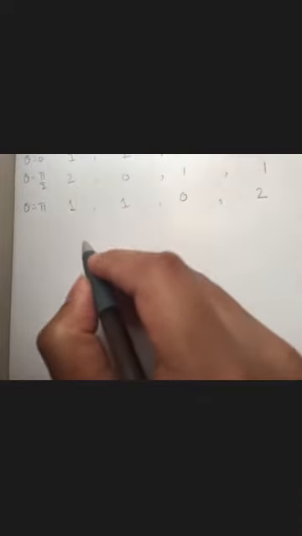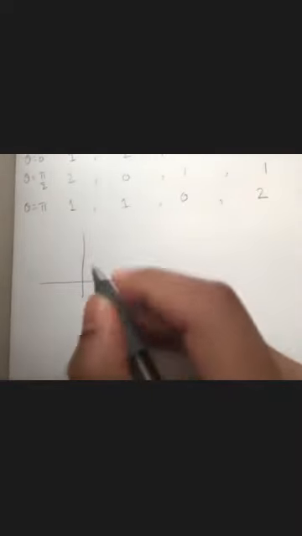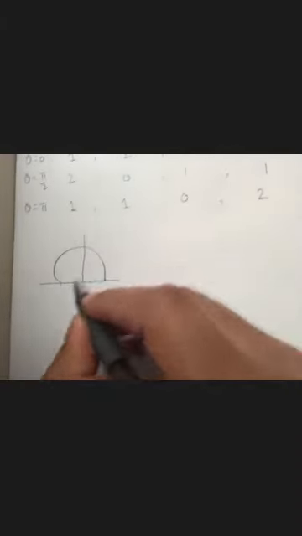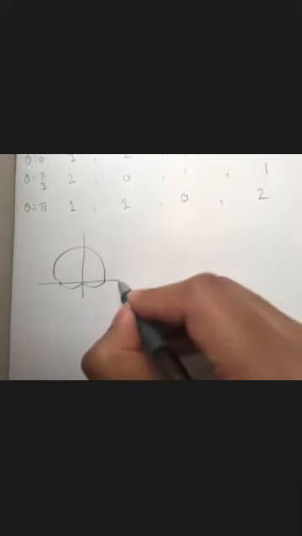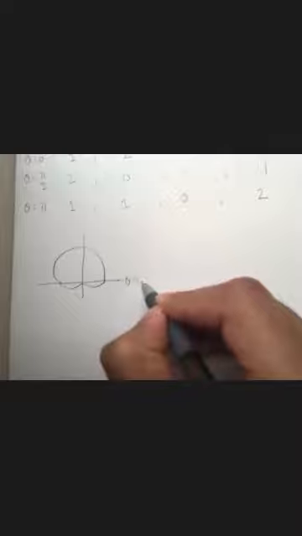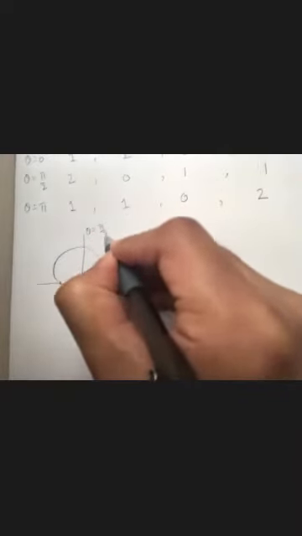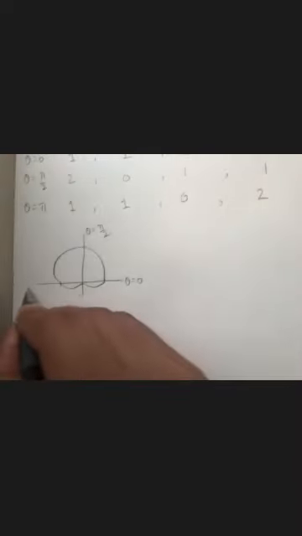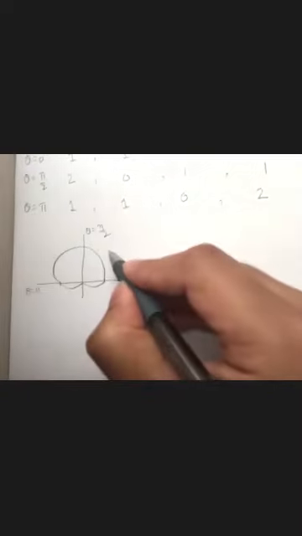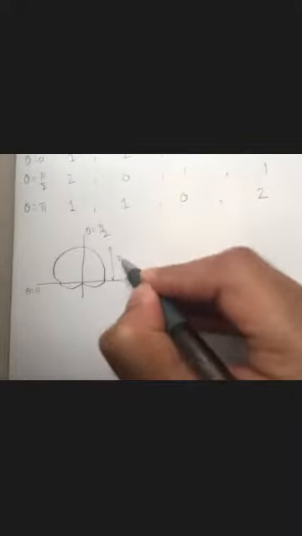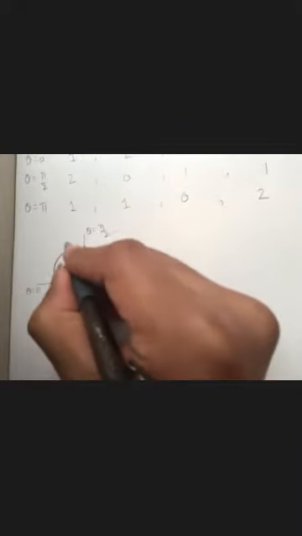Now let's try to draw a sketch. This length is 2, so it's 2 comma pi over 2, and this length is 1.